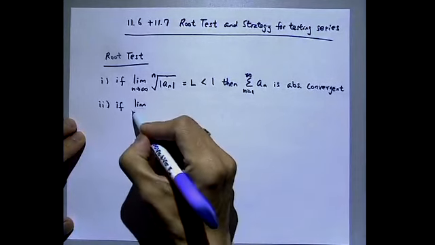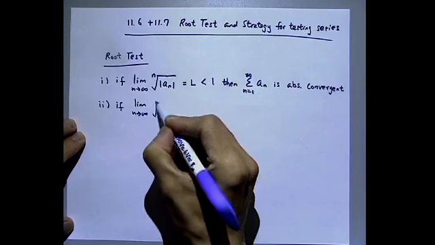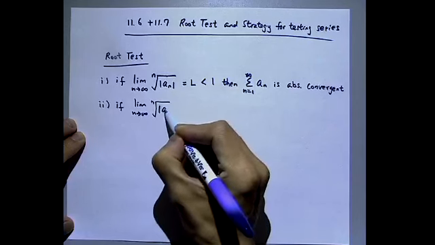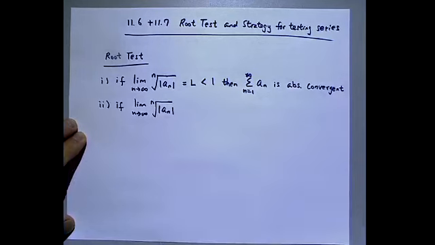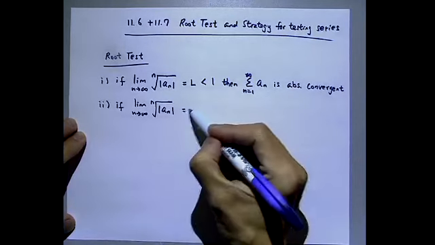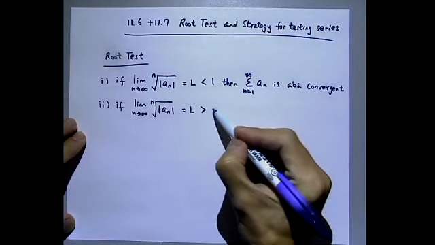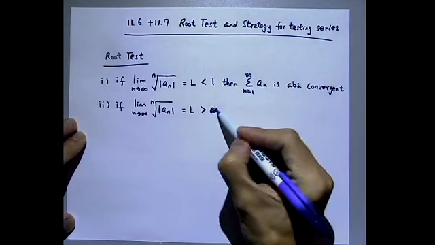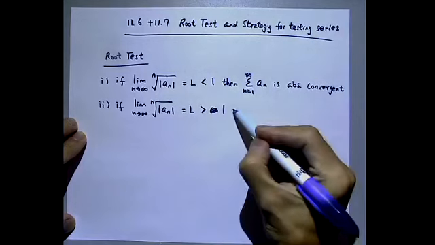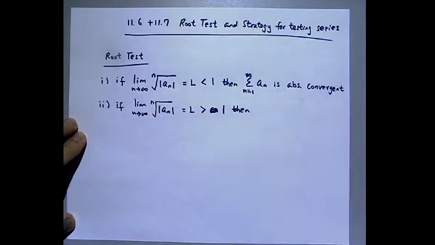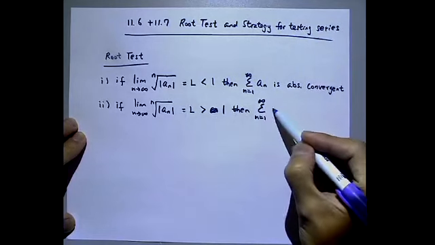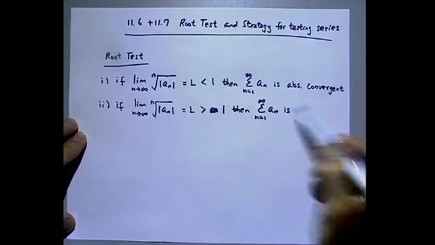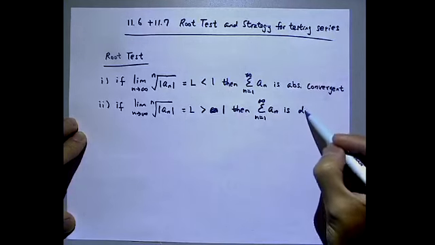If the limit of the nth root of absolute value of a_n is a finite number but greater than 1, or infinity, then the series is divergent.